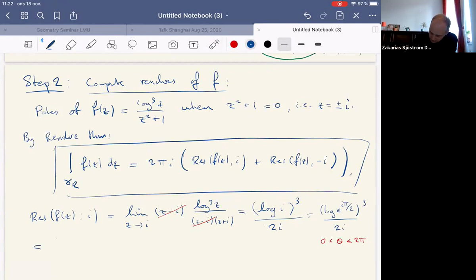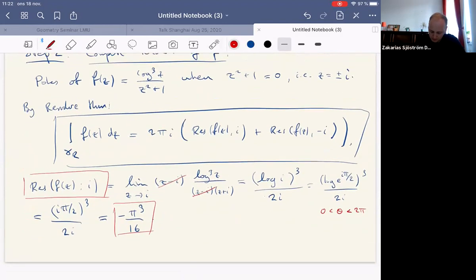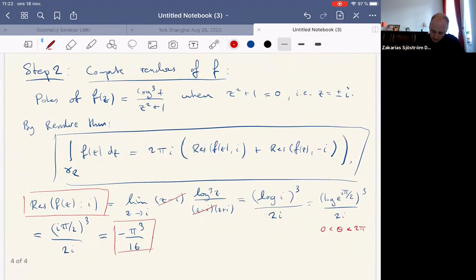Then this is equal to i pi halves to the cubed over 2i, which is equal to minus pi cubed over 16. So the first result is that the residue in i is equal to minus pi cubed over 16.